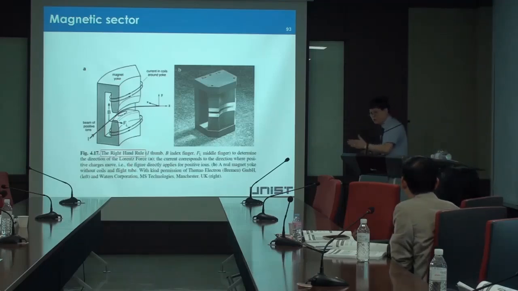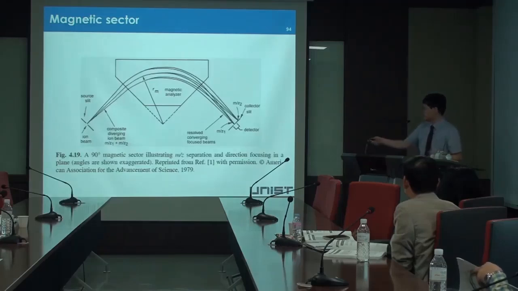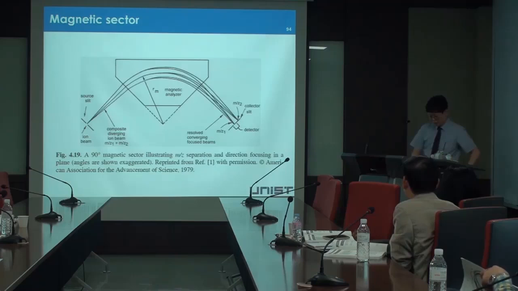Small molecules bend more. So based on their mass, a large molecule goes this way and smaller molecules go this way, based on their molecular weight.